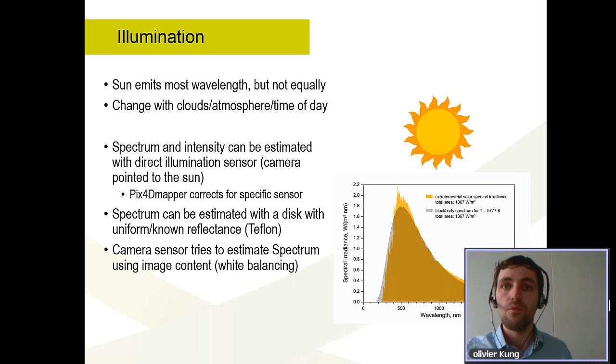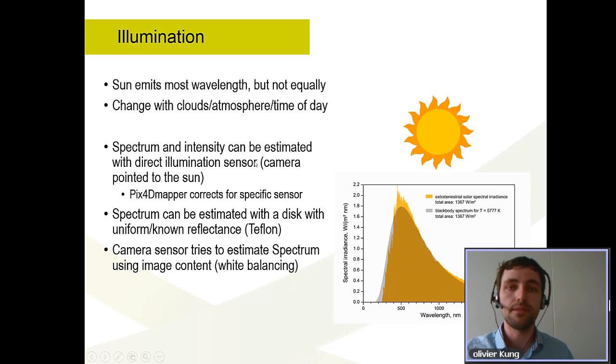So importantly, when you want to do measurements from these values, one of the first things is to model, to quantify how much sun is in your images. The best way to do so is using a direct illumination sensor.